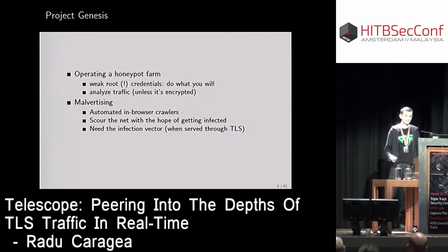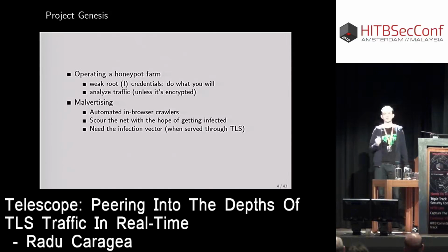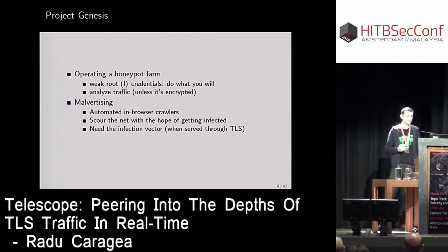The second use case is malvertising. So it's a bit opposite. You want to script some browsers and make them scour the internet through all the shady corners in the hopes that you get infected. This is exactly the opposite of what a normal user would do. But that's not our target. Our target is to obtain samples.